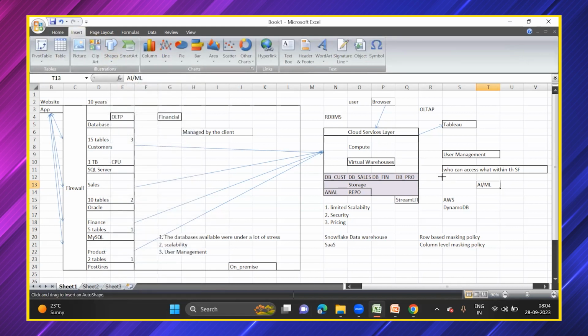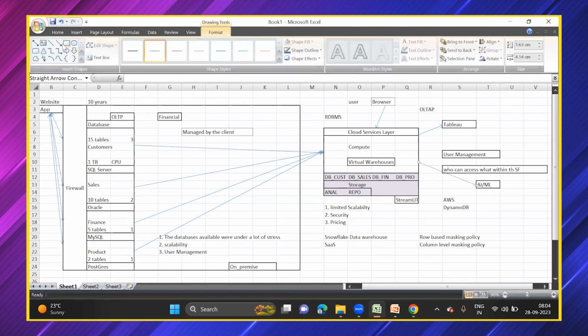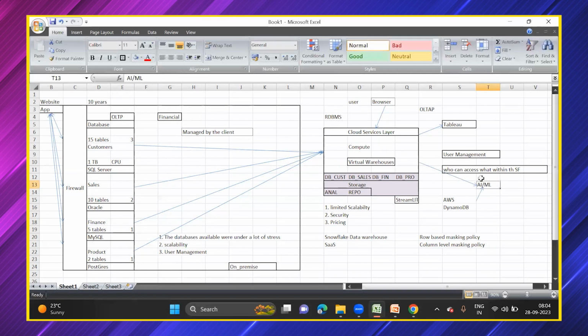I do not want to complicate things, but this is just in case you are curious. This way you can bring the structured data and unstructured data in one place and do reporting. You can also use S3 to store your image files or something, and then do the processing. This way you can use the Snowflake data warehouse as an intermediate as well, right? So I hope this answers your question, and I'm not confusing you.